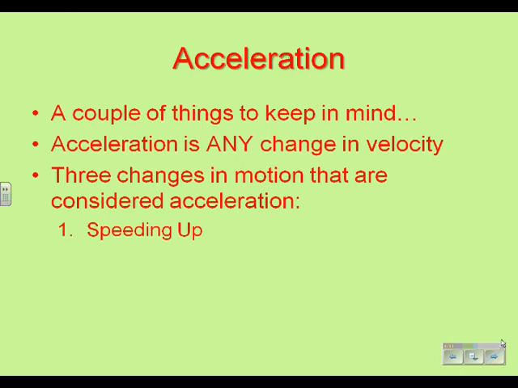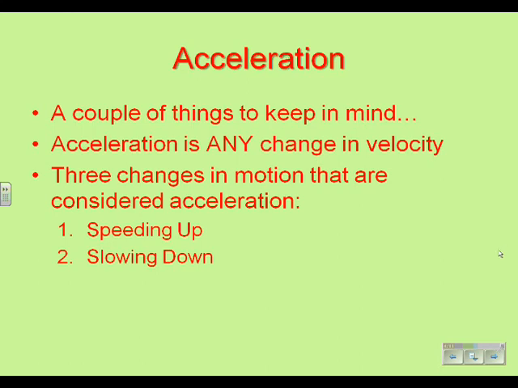And generally that's what we think of as acceleration. But according to the definition of acceleration, the change in velocity over time, there also can be other motions that can be considered acceleration. Like we just saw, slowing down is also acceleration. It's negative acceleration, but it's acceleration.